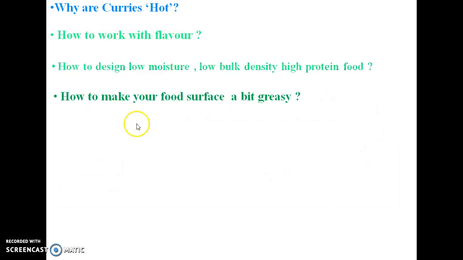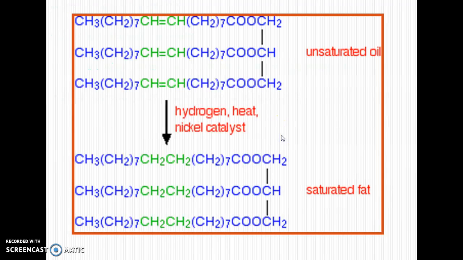So again we go for the next question: how to make your food surface a bit greasy. If you have a bread and you want to make a very thin film of fat over your bread with the help of your spoon, then how to do it? You should have a plasticized mass of fat. So how to get it? You have oil. How to get your plastic mass or greasy fat? That is again with the help of chemistry. If you have unsaturated oil, then with partial hydrogenation or hydrogenation of that oil, you get saturated fat.